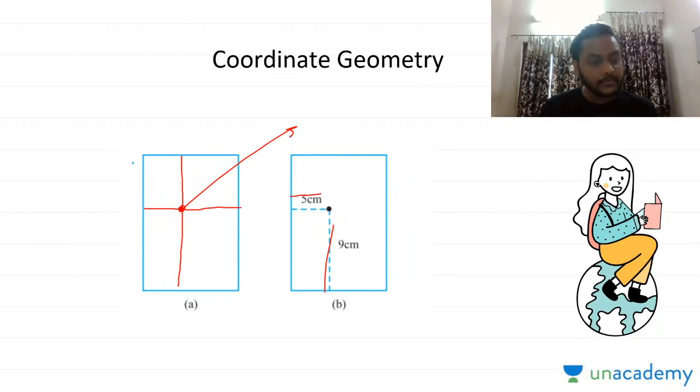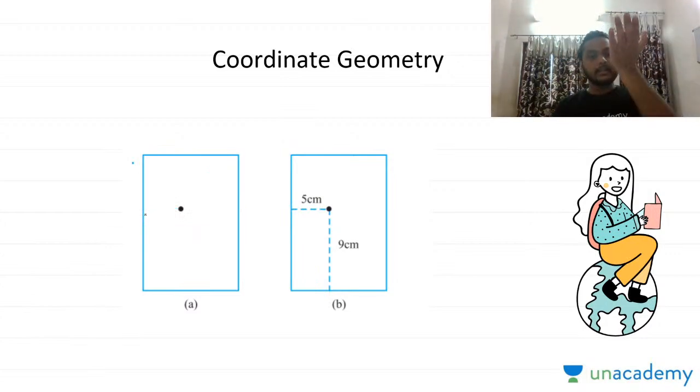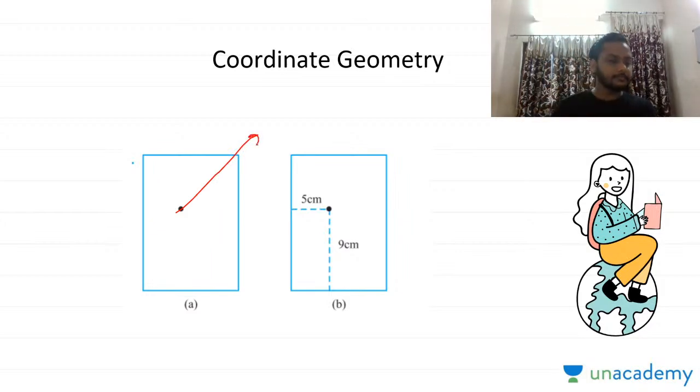So if I provide only one piece of information, that is not enough for me. If I provide just 9 centimeter up or 5 centimeter right, that is not enough for you. But if I provide both, that the point is 9 centimeter up and 5 centimeter right, then you are able to find out your point, that is this point.